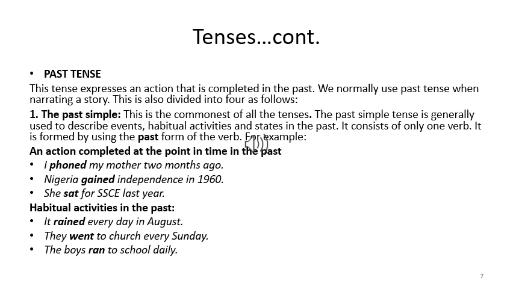Then you can also use the simple past tense for habitual activities in the past. It rained every day in August. We are now in December, so you can't say it has continued raining. They went to church every Sunday. It's already past. The boys ran to school daily. So we are talking about something that has already started and finished in the past.